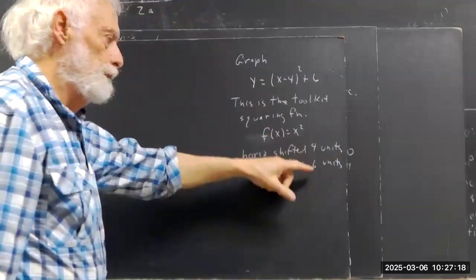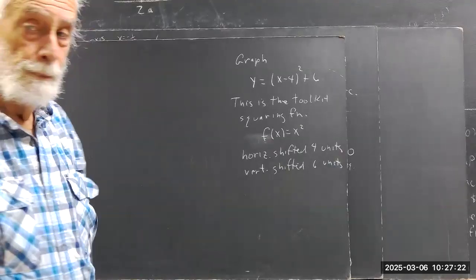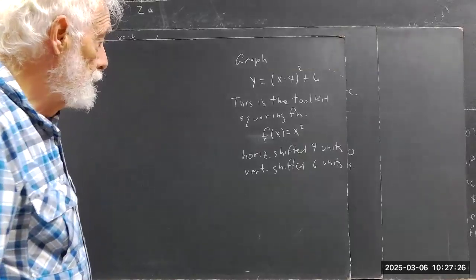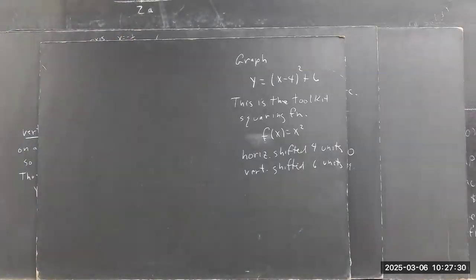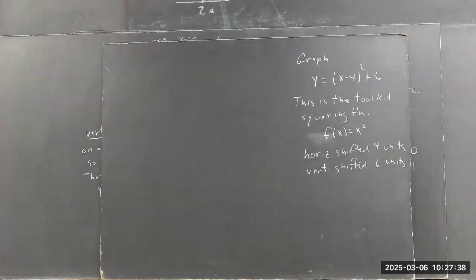And it's shifted 4 units in the horizontal direction, 6 units in the vertical direction. So it's just a transformed squaring function. Now, before I forget to do it and run off the board again, let me just jog the camera a little bit.